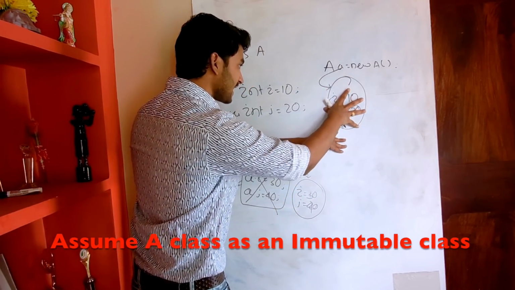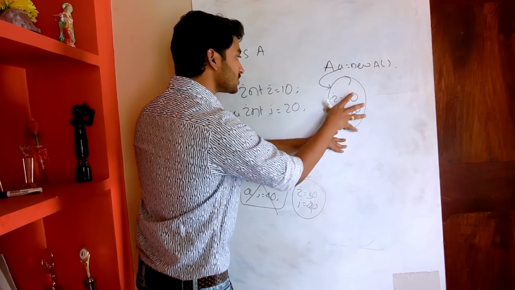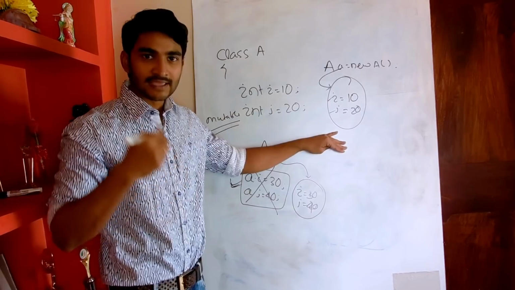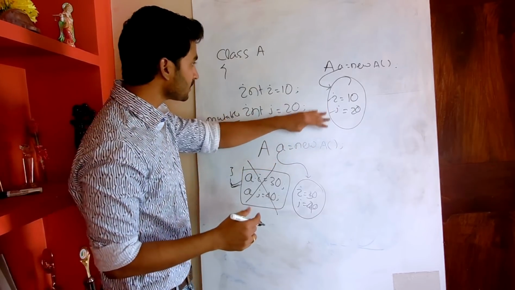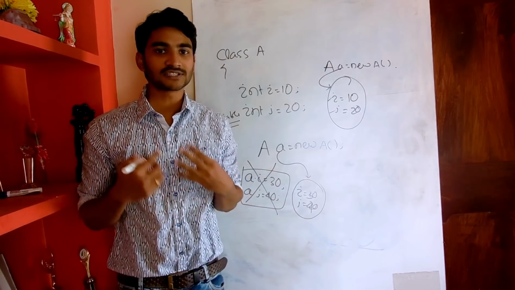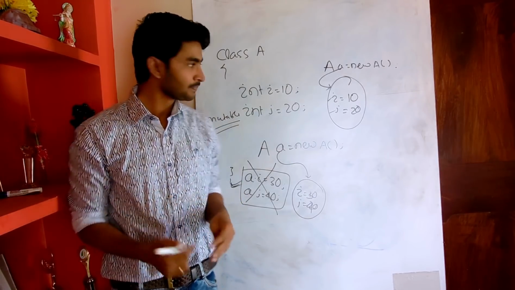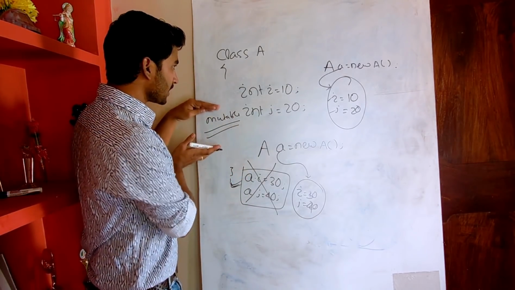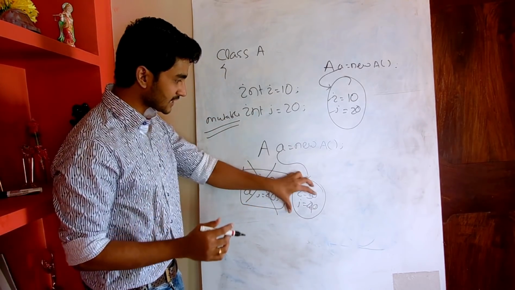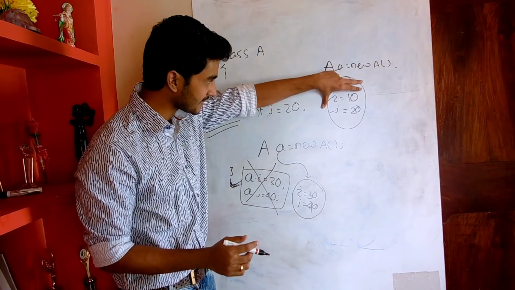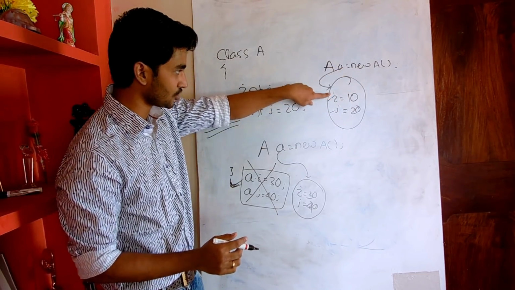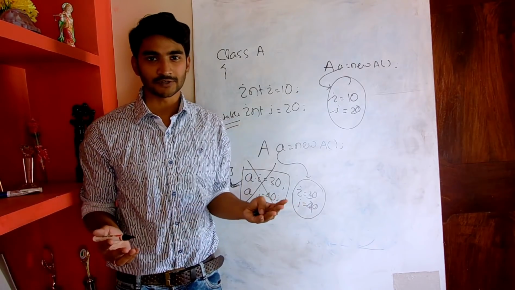Once this object is created, I cannot change the state of this object. And this is what we mean by immutable objects: the object state cannot be changed. So this is the difference between mutable and immutable. Mutable means I can change the state of an object. Immutable means once the object is created, I cannot change the state or the properties of an object. Simple, right?